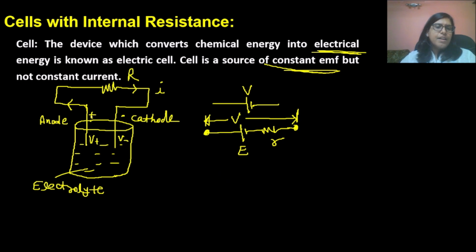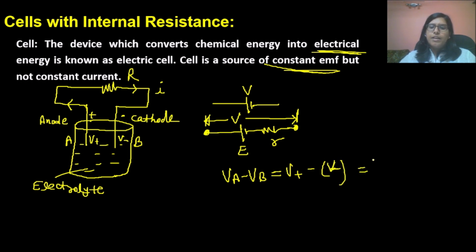So if this is the cell, then first of all, if the circuit is open, suppose this anode is A, this is B. So we can say VA minus VB will be V plus minus V minus.